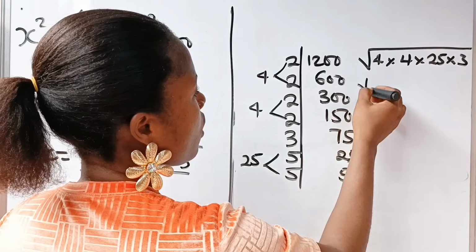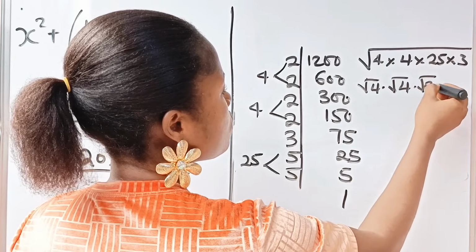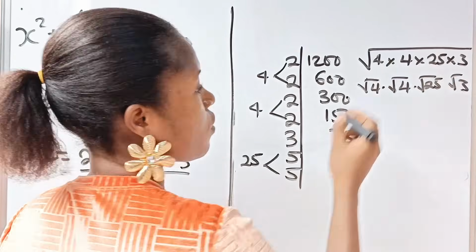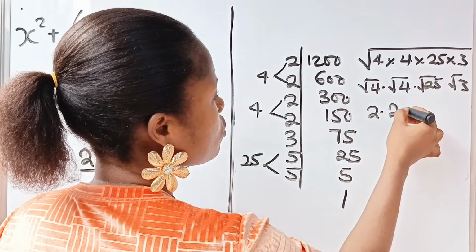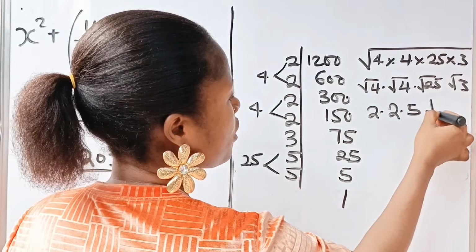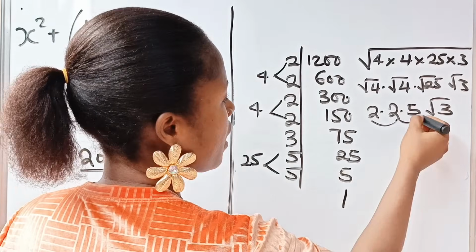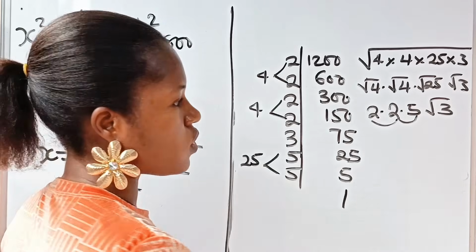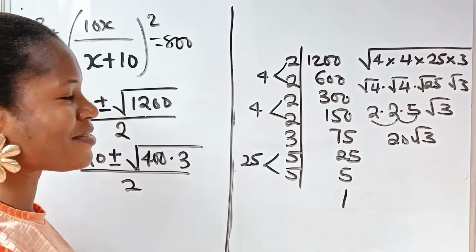This is the same as square root of 4 multiplied by square root of 4 multiplied by square root of 25 multiplied by square root of 3. So you now have 2 multiplied by 2 multiplied by 5, then root 3. 2 times 2 is 4, 4 times 5 is 20. So it's going to be 20 root 3. Amazing, right?